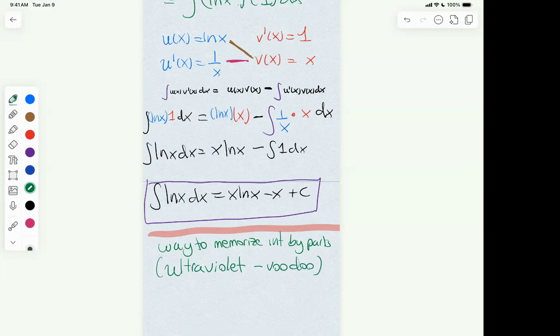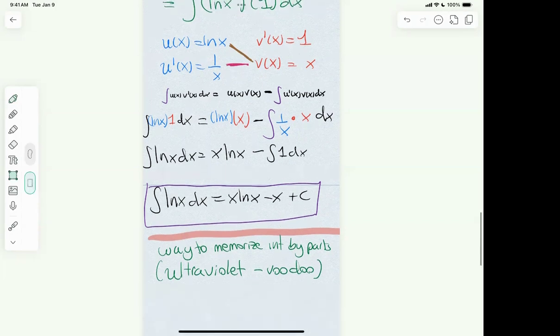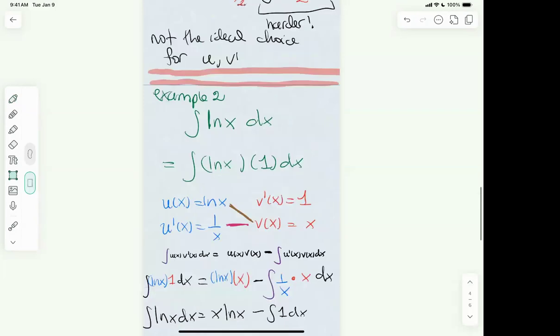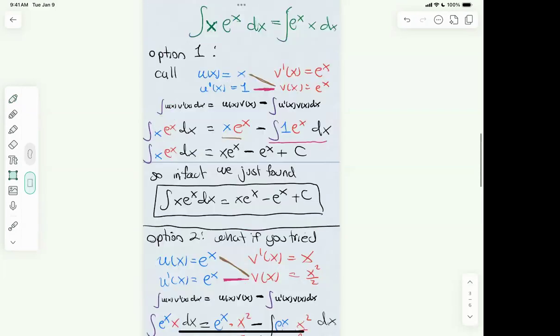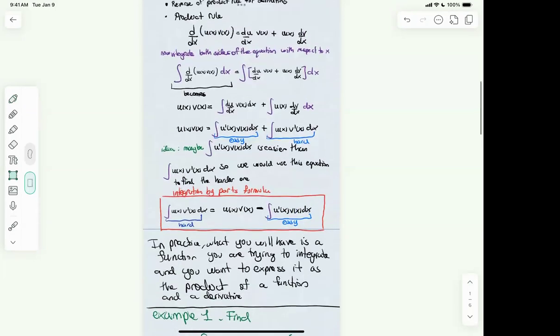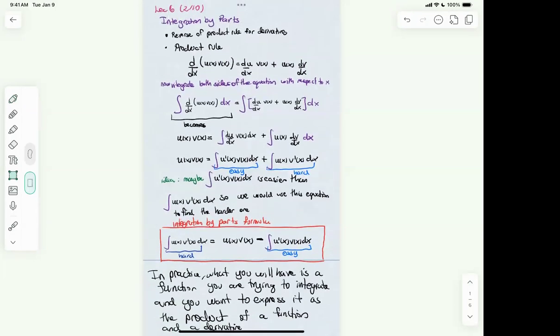So what does that mean? If you go back to one of the steps when we were playing with this formula for integration by parts, it's kind of like a trick that you use.